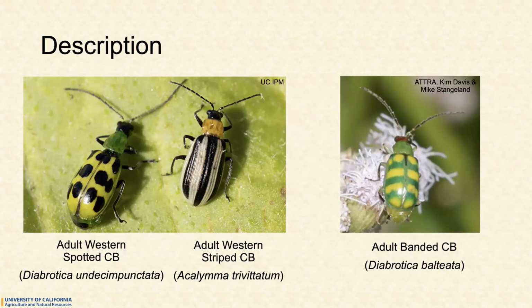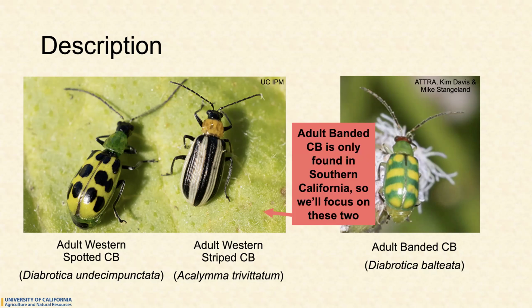Okay, so I'm going to cover 3 types of cucumber beetles briefly here, just so you know who's out there. The adult western spotted cucumber beetle is on the left. The adult western striped cucumber beetle is right next to it in the center. And then we have the adult banded cucumber beetle on the far right. They look a little different, though they share some characteristics.